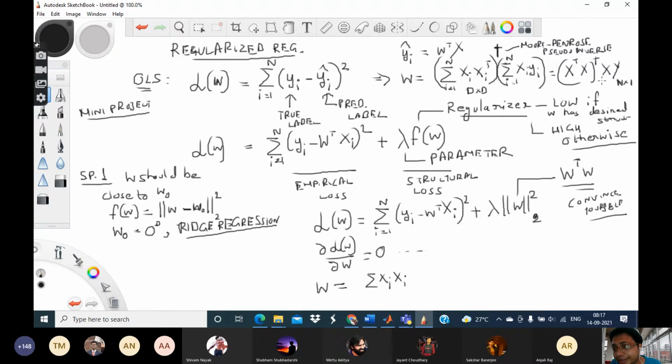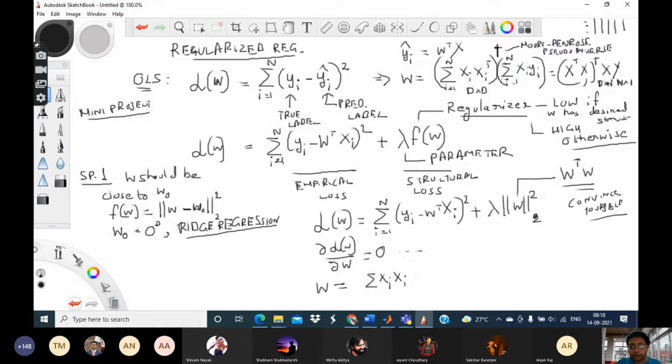This x is a d cross n matrix. Basically it is such a matrix where every row stands for a feature and every column stands for a data point, right? So you can just check that you can write this thing in this way also.